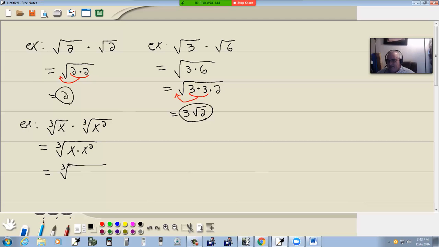Now our index is 3, and I need to rewrite the x squared as x times x so I can see what I have. Now once I do that, my index is 3, so I'm looking for a set of 3 of something. Here I got 3 x's. Those 3 x's are going to come out in front as a single x. And that would be our answer.